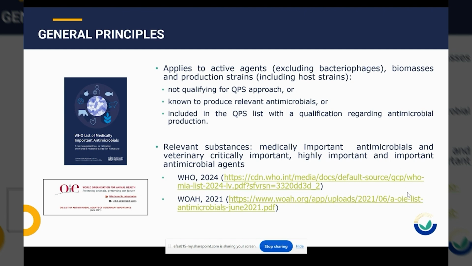Antimicrobial production. The assessment of antimicrobial production is applicable to active agents, excluding, of course, bacteriophages, and also biomasses and production strains. In this case, production strains, including host strains of phages, are included, with the conditions that they either do not qualify for the QPS approach or are known to produce any relevant antimicrobials, or are included in the QPS list but without qualification regarding antimicrobial production.